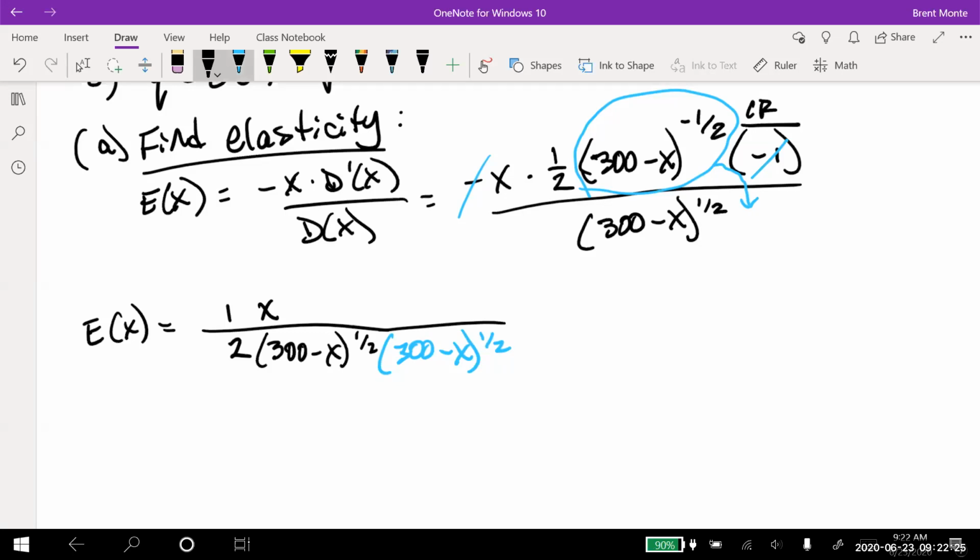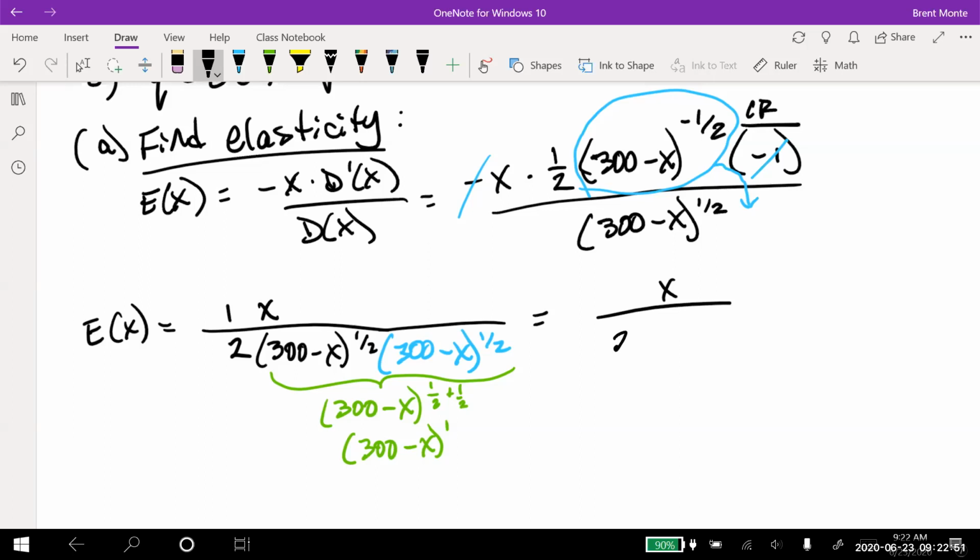Now, one thing to notice about these two, remember when you multiply things with the same base, you add the exponents. Well, so that's just going to be 300 minus x to the first power, or just 300 minus x. So this whole thing simplifies to, I don't need the 1 on the top, the 1x is just x.